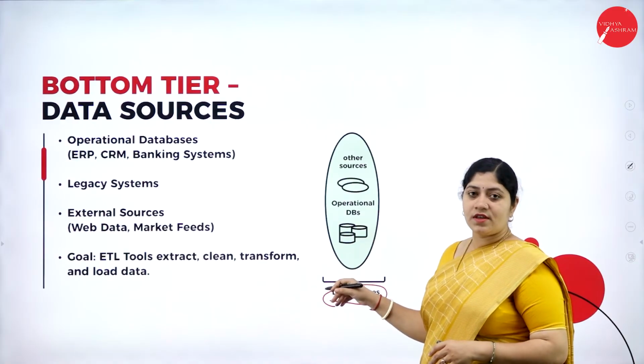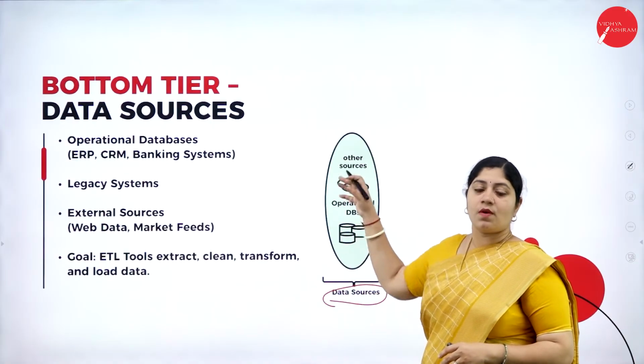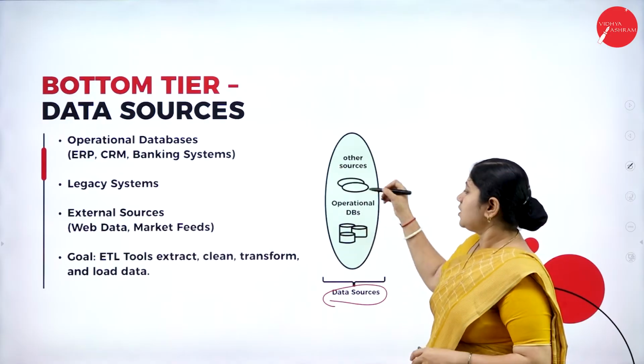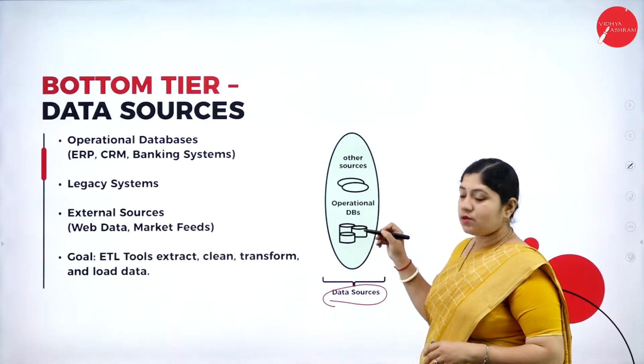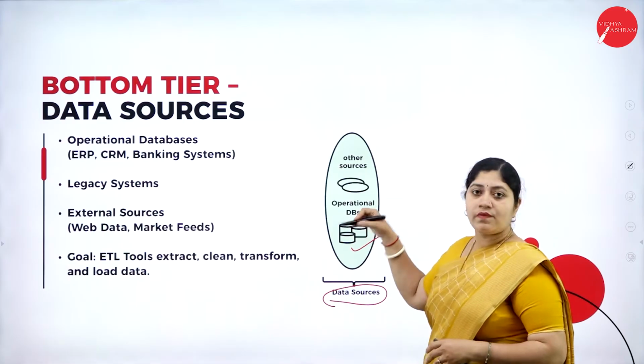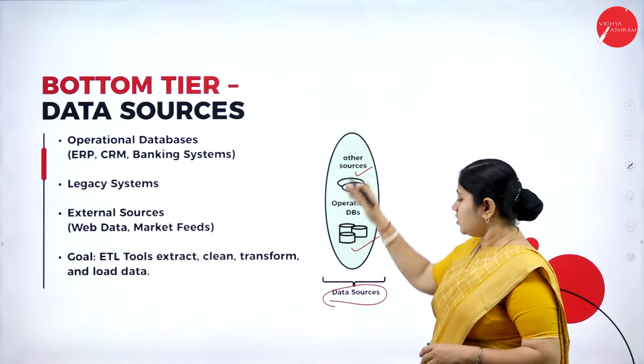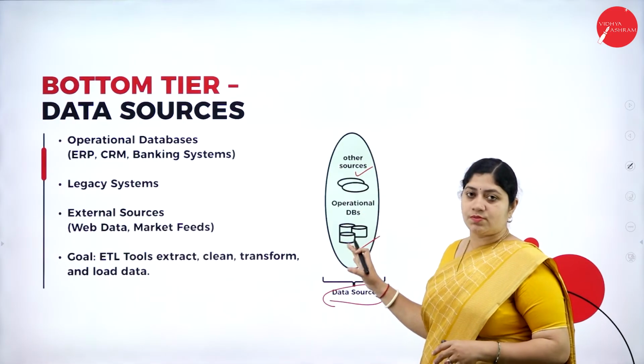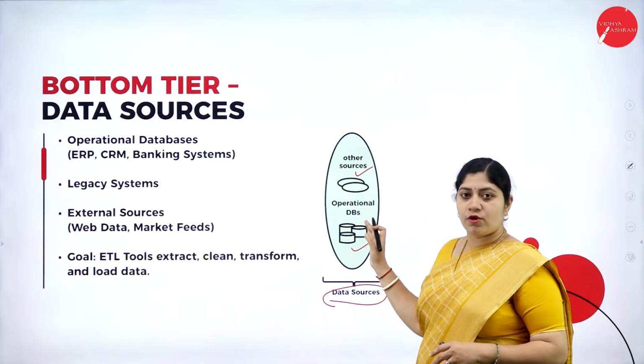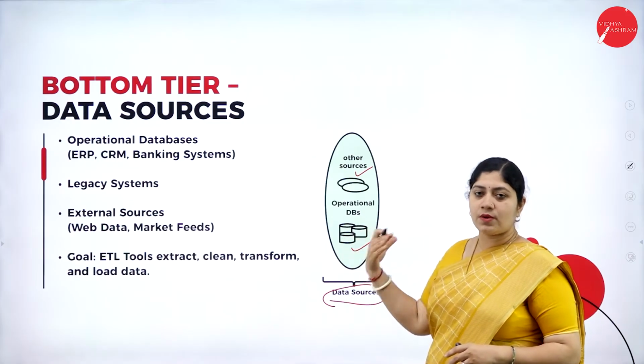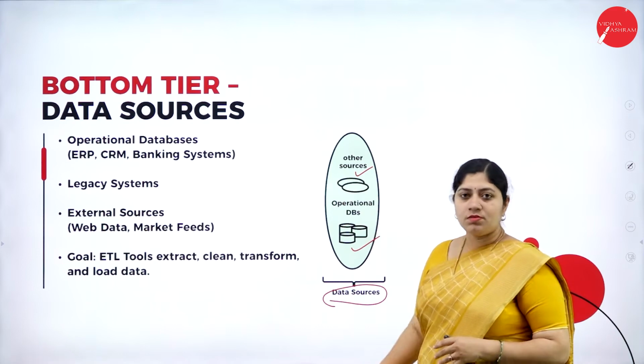Now, how the data sources are formed is that there will be data from either operational databases or from other sources. So this forms a complete bottom tier. This is very, very important. You have to draw this figure in order to explain the bottom tier.